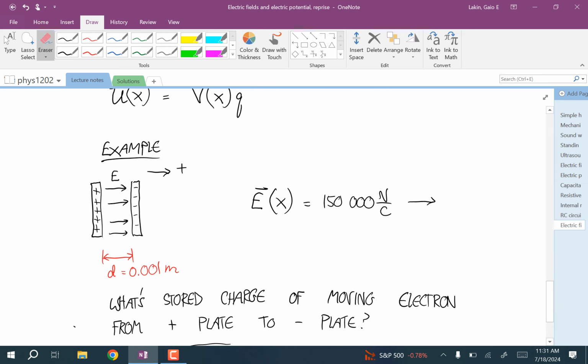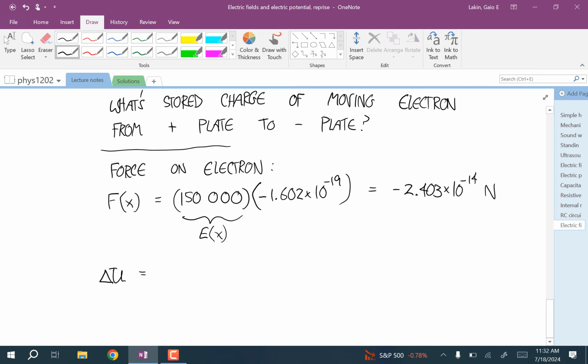Now that we have this force, we're doing exactly what we did in the gravitational case and the spring case. Our change in potential energy is equal to the negative integral. And we're moving from, I'll call the positive plate my x equals 0. So from 0 to the negative plate, 0.001 meters.